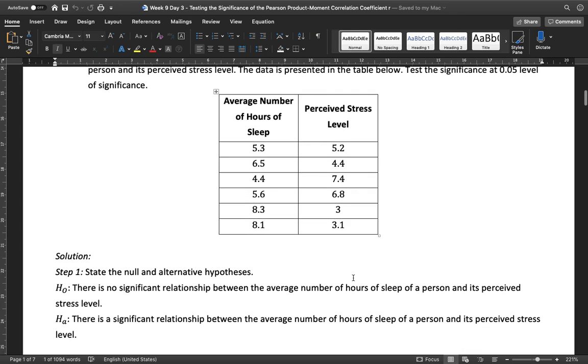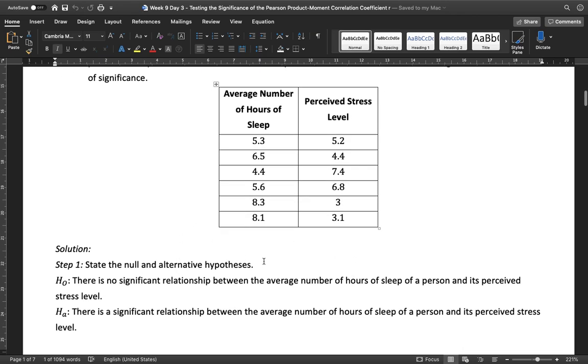So, first, we state the null and alternative hypothesis. So, ang hypothesis natin dito, first, yung null hypothesis. Remember, kapag null hypothesis, the parameter is equal to the hypothesis value. So, hindi sila magkaiba. Okay? So, there's no significant relationship between the average number of hours of sleep and its perceived stress level.